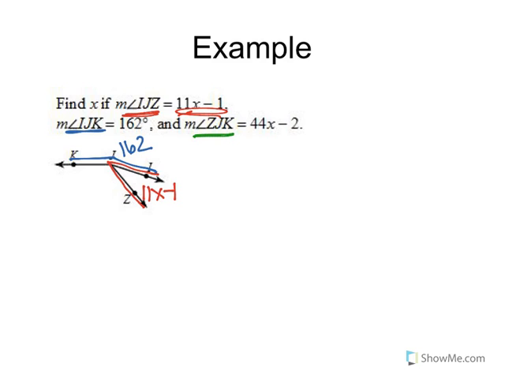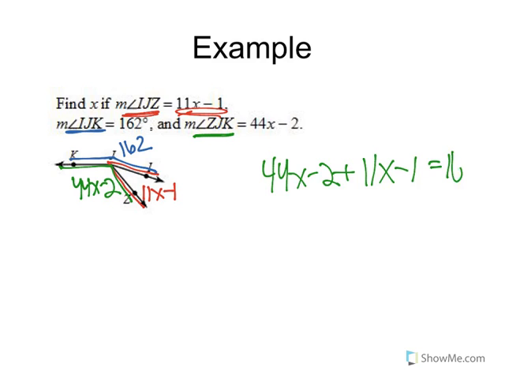And then ZJK is 44x minus 2. So again, part, the 44x minus 2, plus part, plus 11x minus 1, is equal to the whole, which is 162. And then we solve for x.